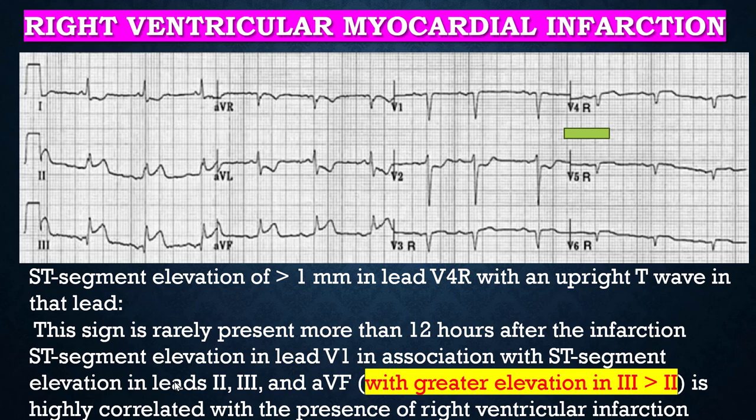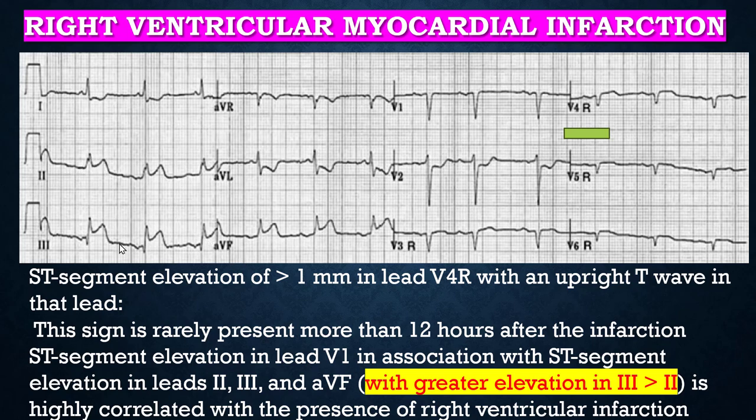ST segment elevation in lead V1 in association with ST segment elevation in lead 2, 3 and AVF, with greater elevation in 3 than 2, is highly correlated with the presence of right ventricular infarction. This is lead 2, this is lead 3 and this is AVF.